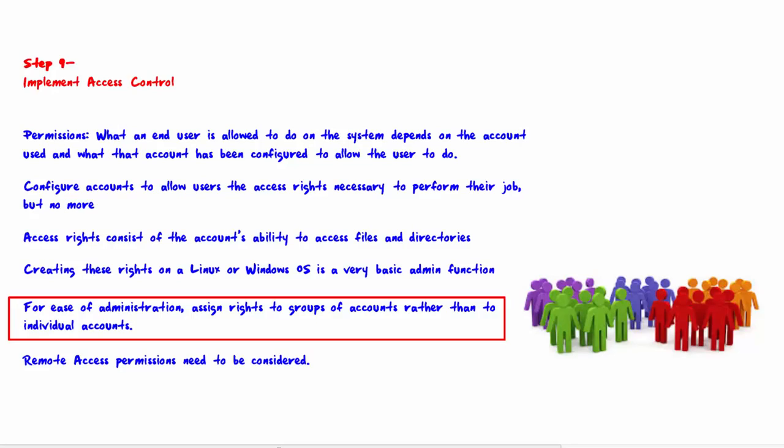For example, all junior accountants will get a specific set of permissions, while all senior accountants will get a different and probably more permissive set of permissions. All admin assistants will get a specific set of permissions applicable to their job duties, etc.